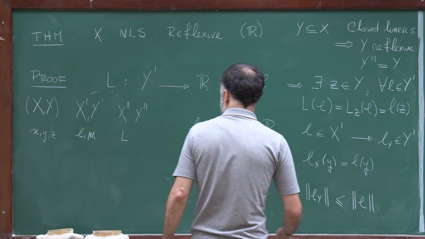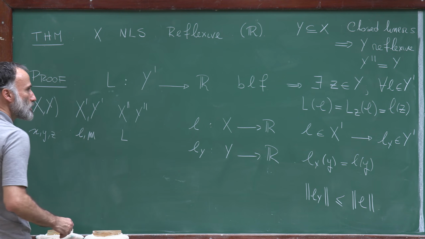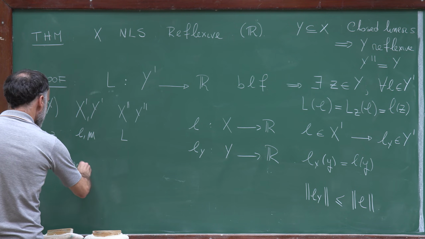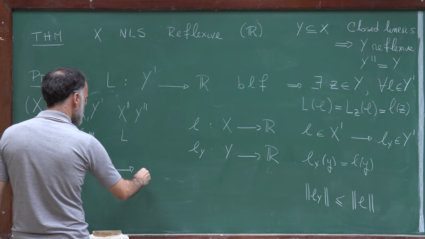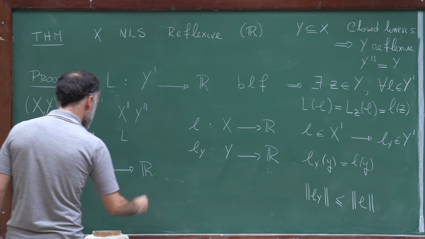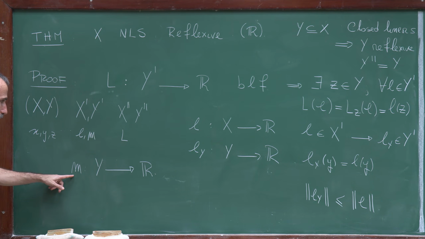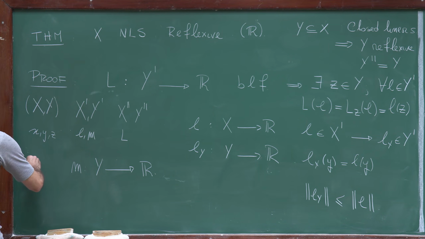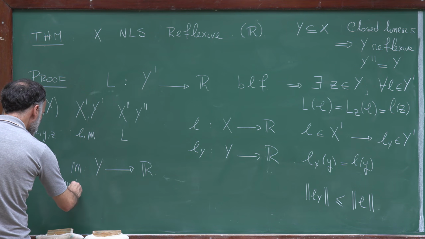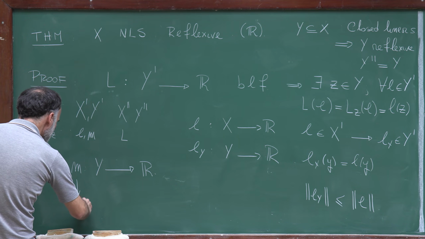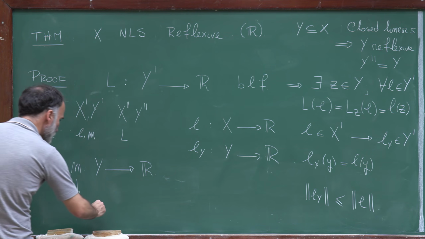So if I now have, say, a functional m which is defined on Y, which is bounded, so m is an element of Y prime, I can extend it by using Hahn-Banach to an element m_0, which is now on X.